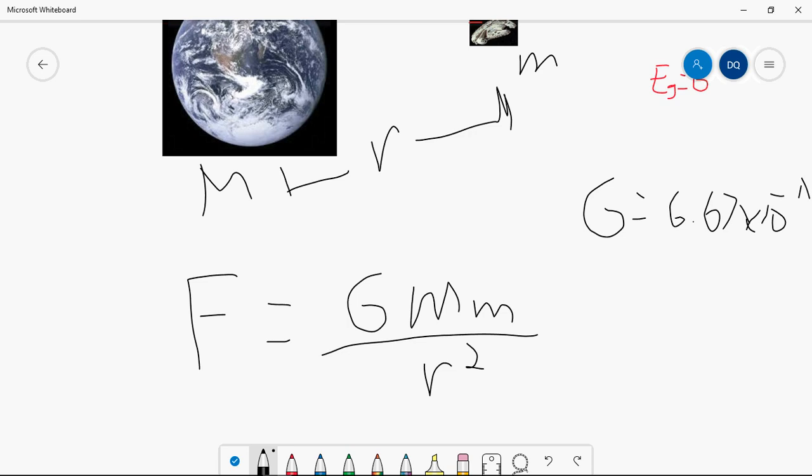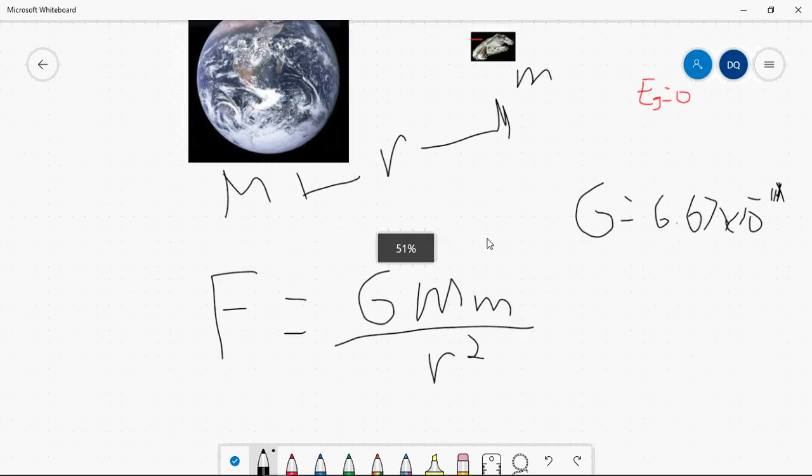It's this tiny number because gravity is very weak compared to other forces. And the force due to gravity is G times the mass of each of the bodies divided by the square of the distance between them.